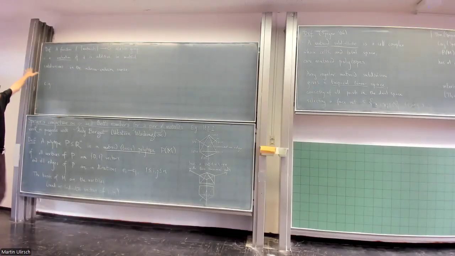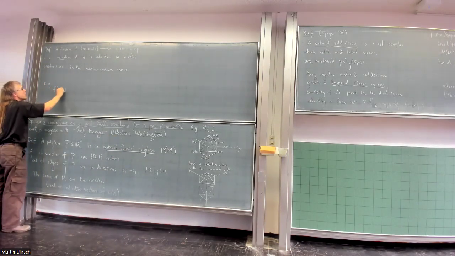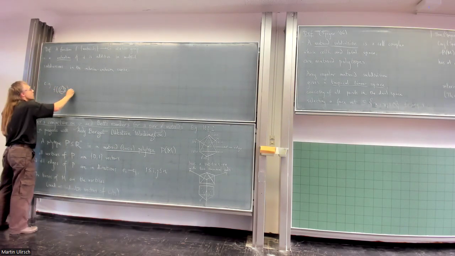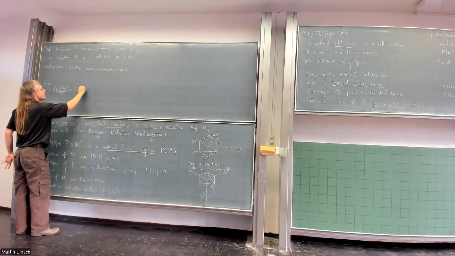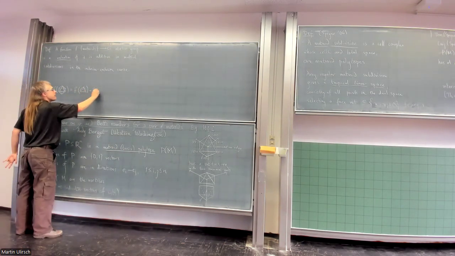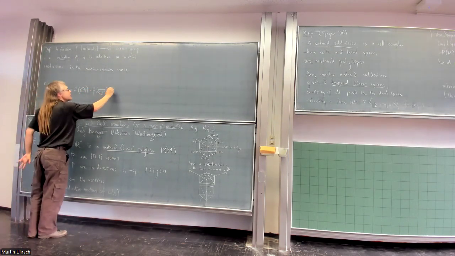So, the kind of property one needs, for instance, in this example, right, is that if I want this function to be a valuation and I evaluate it on my octahedron, well, then my octahedron can be cut into the two square pyramids. But I have double counted the square.